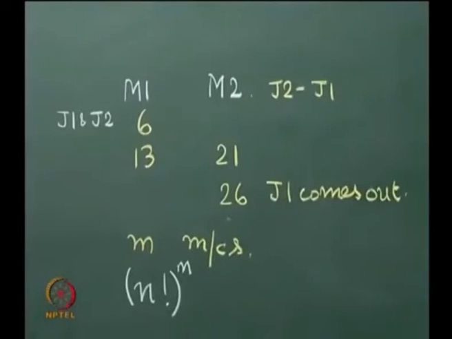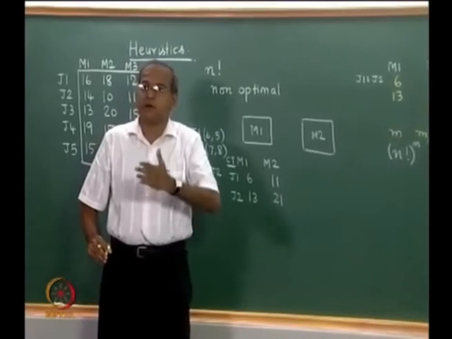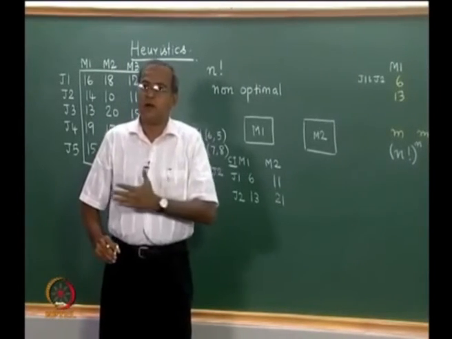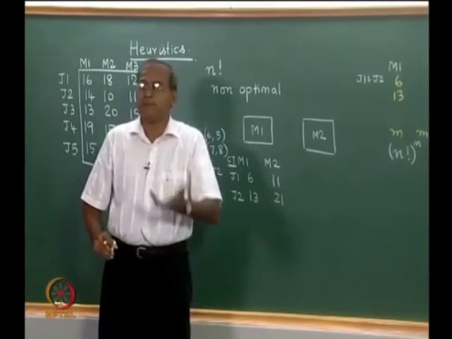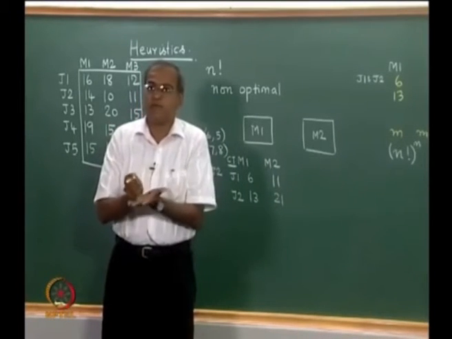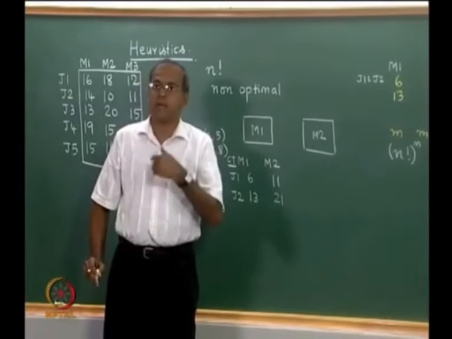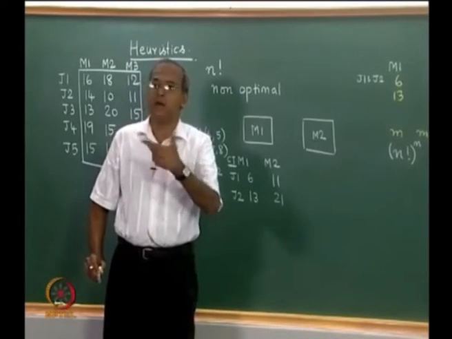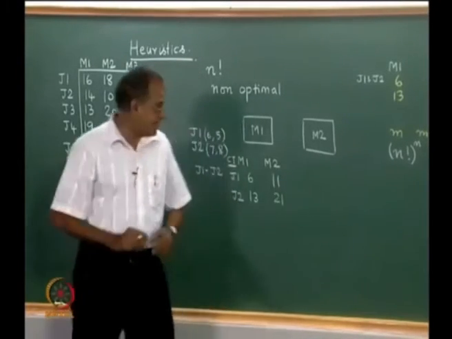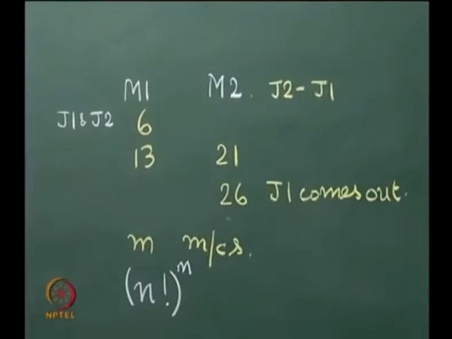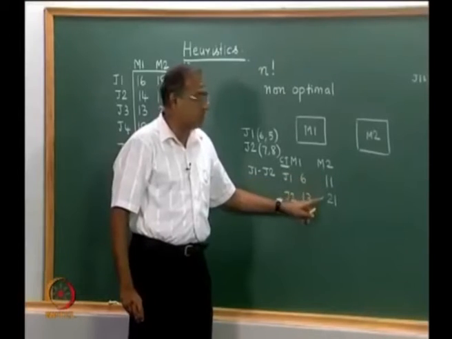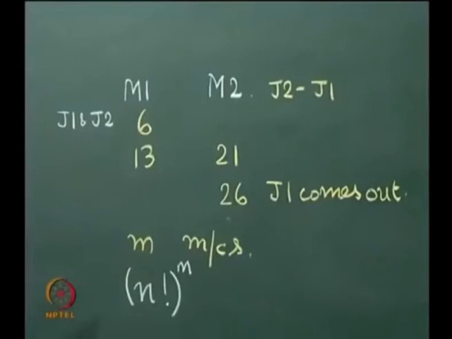If we retain the same sequence for all the machines, on many occasions we would get a better value of the performance measure, such as makespan or completion time. For example, the makespan is 21 versus 26. The sum of completion times is 33 versus 47.